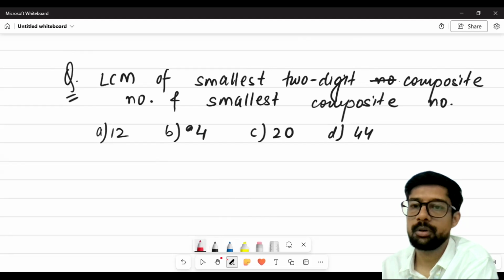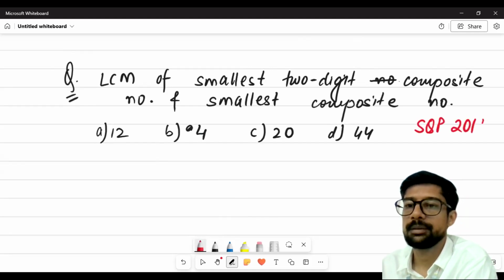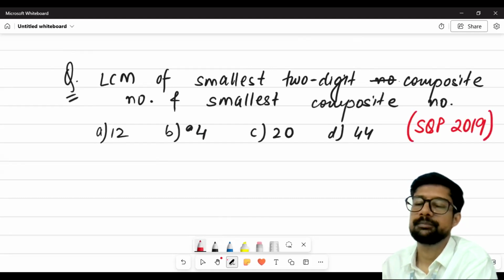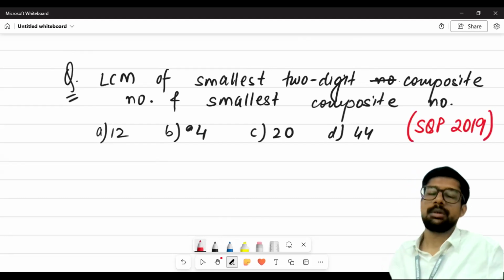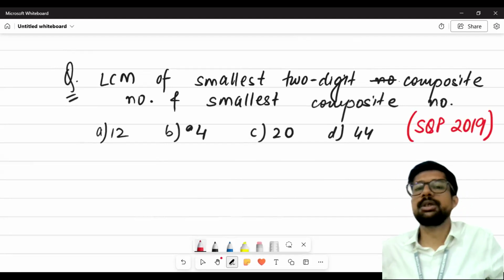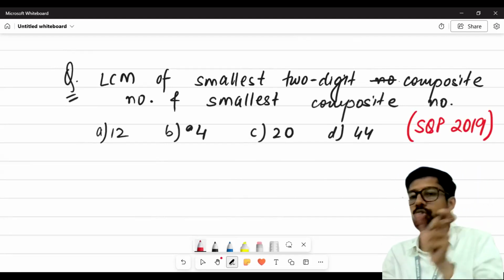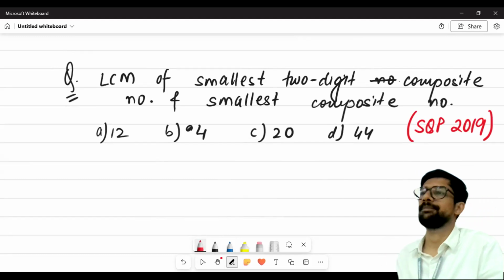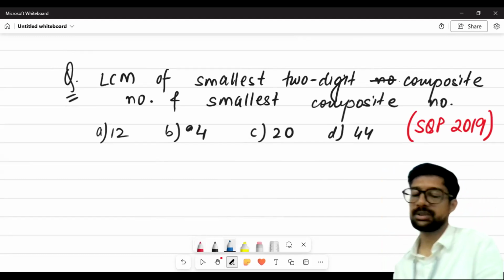The question is from sample question paper 2019. Let's do this. Smallest 2-digit composite number and smallest composite number, whatever they are, we need their LCM. It's a clear practical approach question.